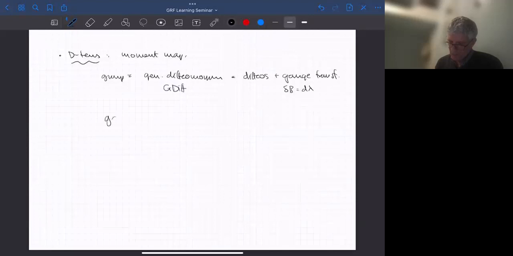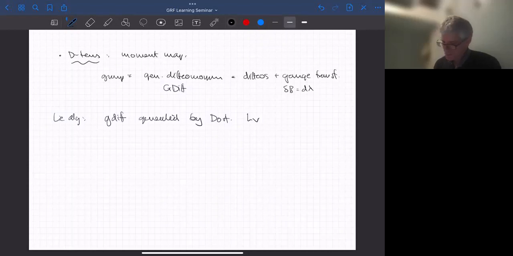So the Lie algebra is just generated by the Dorfman bracket. So it's just generated by generalized Lie derivatives, where V is psi plus lambda. So these are the diffeos and these are the gauge transformations.